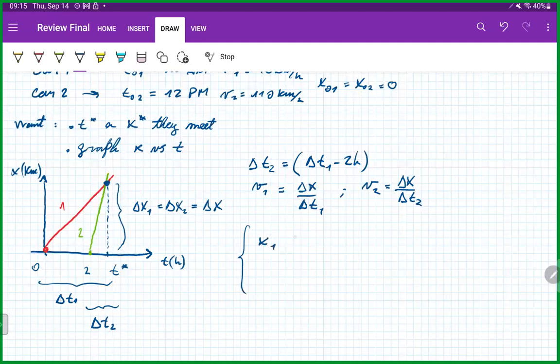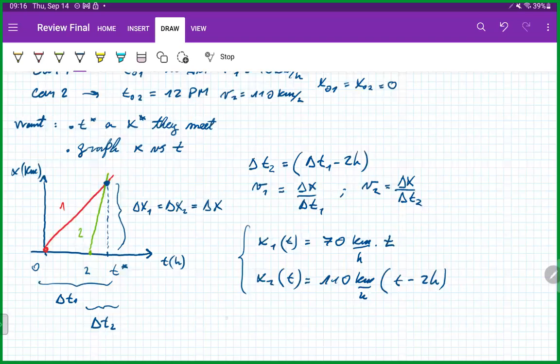This is x1, and for any t we can write the speed, 70 kilometers per hour times t, and x2 of t equals 110 kilometers per hour times t minus 2 hours. Again, this 2 h is 2 hours, it's not a variable. Those are the functions giving the position with respect to time.